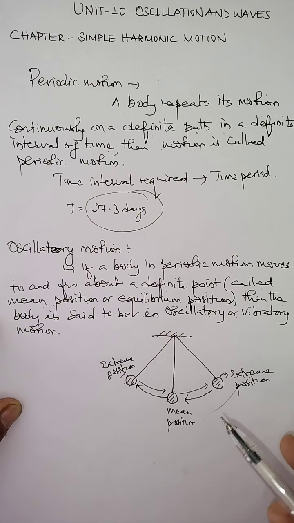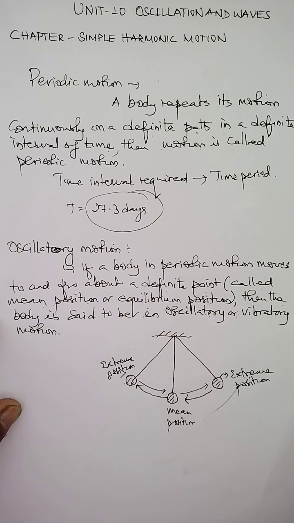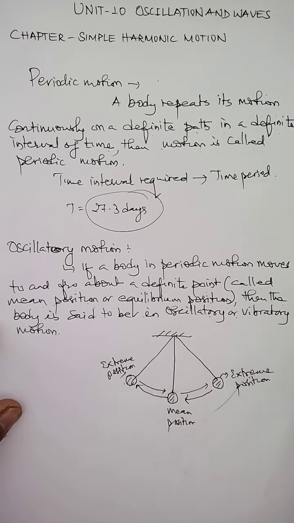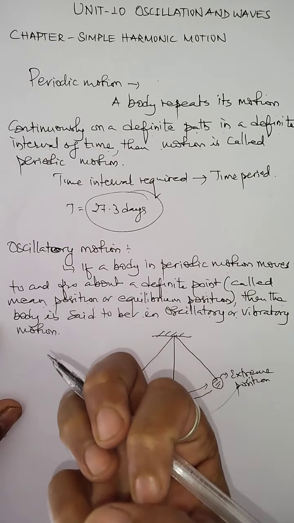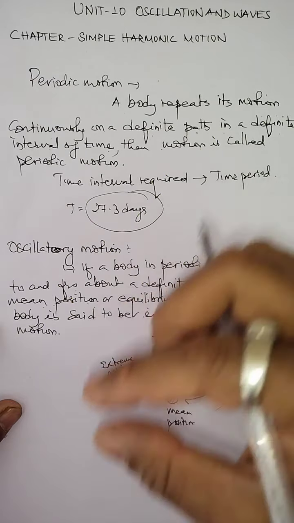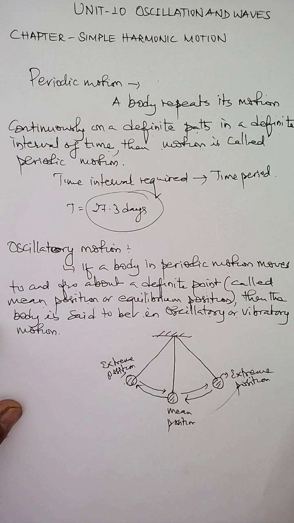And in this motion we can see that the motion is a to and fro motion, and such type of motion is called oscillatory motion. But other than this, there are other examples of oscillatory motion, just like the motion of a loaded spring. If the spring is connected to a load and it starts oscillating, then if it acquires to and fro motion, such type of motion is called oscillatory motion.